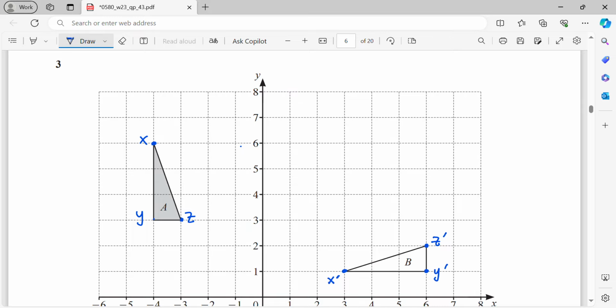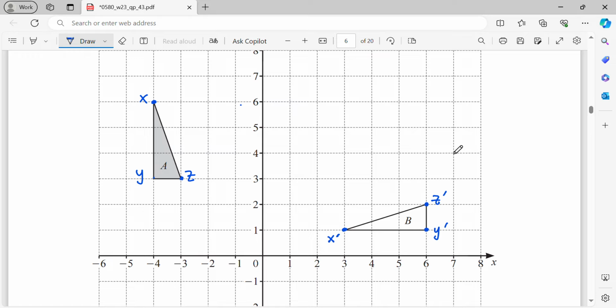Okay, so now to get the center of rotation and also the degrees, what we do is you have to join the X and the X prime. I will simply sketch. You just use the ruler and join.